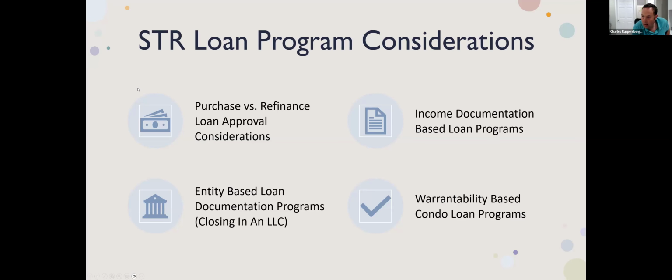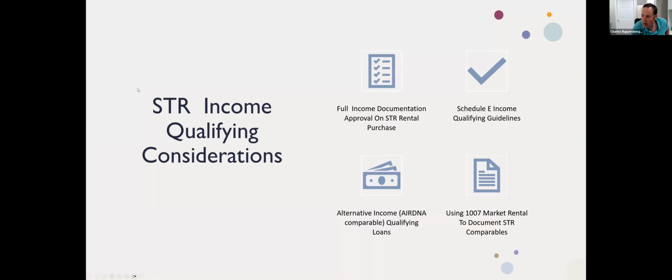Okay, let's go into the next page. Income qualifying considerations. On short-term rental properties, I have several clients that still like to use a conventional loan for a short-term rental purchase. The reason is that conventional loans typically have the lowest interest rates, but they require more documentation.